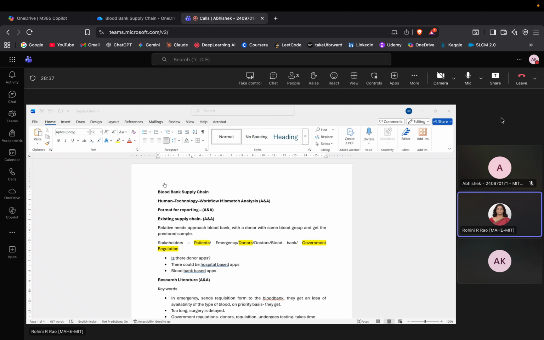What you do is, in that WhatsApp group that we have, you put the keywords. First, you put the keywords of what you're going to search in the literature review.